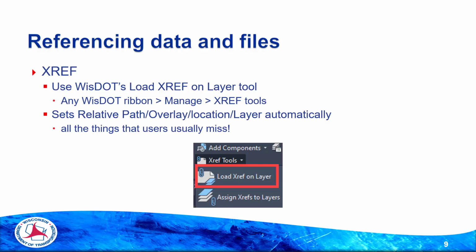Now, I have to admit, mine is layers. I would always forget to set the layer on an XREF, and then two or three days later, really wish I'd done that correctly because it was messing me up with something. But like I said, people were missing some combination of these items, and so this tool does all of those for you. It's a one-stop shop and very easy to get things set correctly.